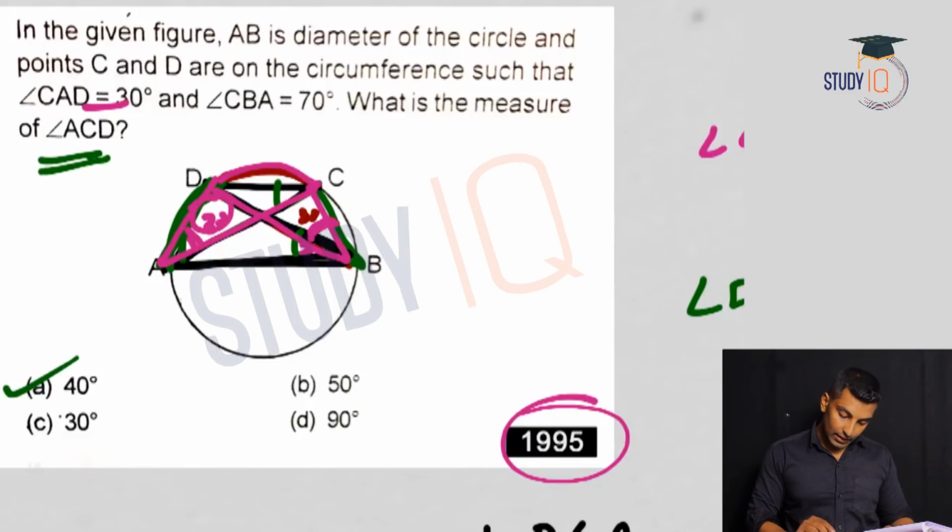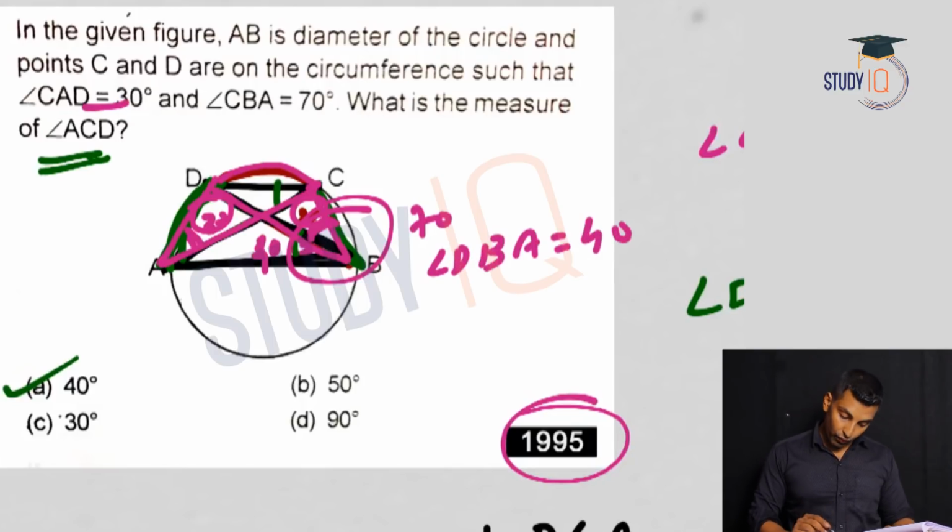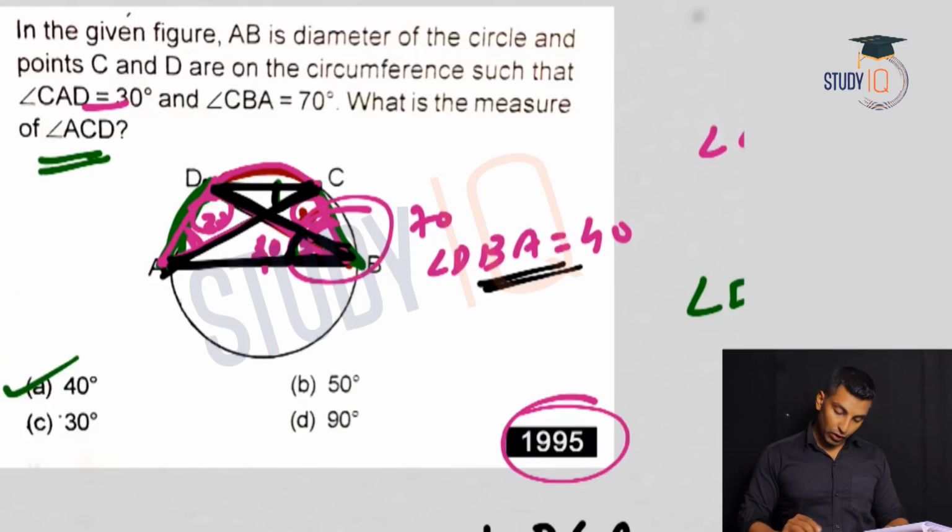So when we know this as 30, we got this also as 30, and we know this total as 70, so we got this angle as 40. So we got angle DBA is equal to 40, and DBA is coming from this arc, and ACD is also coming from the same arc. So this and this will be same, and we know DBA is 40, so ACD will also be 40.